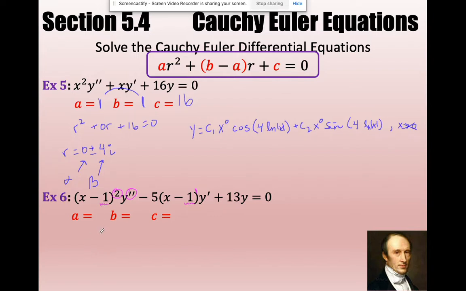So what is my a? Right? What is in front of the squared term? A 1, right? What's in front of the thing to the first? What's in front of the thing to the 0?